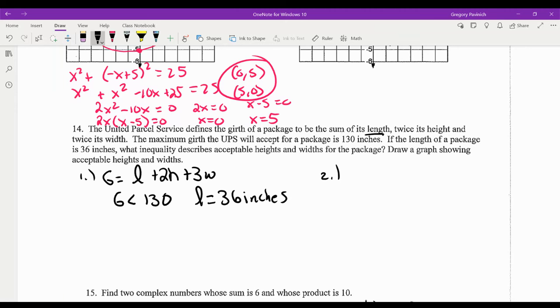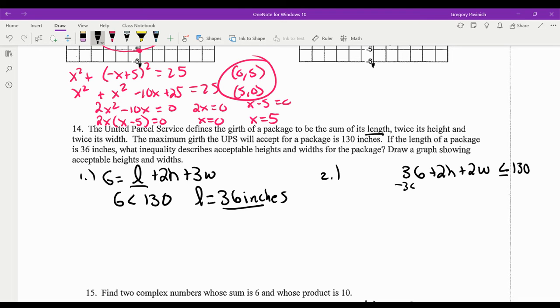Okay, so let's take a look. So I know that my length is 36. So here we go, 36 plus twice the height, 2 times the width. Has to be less than or equal to 130. Okay, that's the information they've given me.